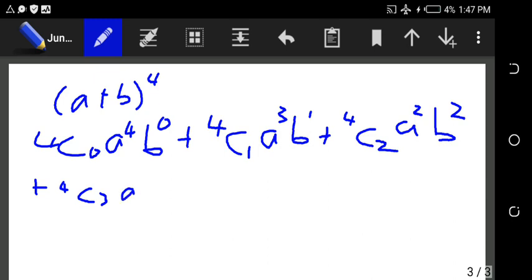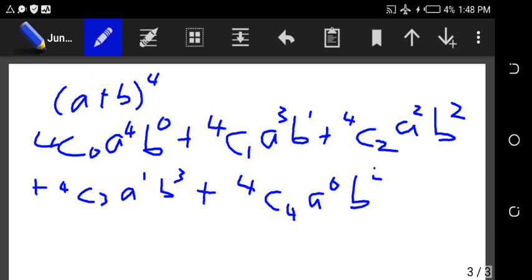Our a in this case is 1, and our b is 3, plus, and the last of it, we still have 4 combination 4, and our a has decreased all the way to 0, while our b has increased to 4. Please don't mind the writing.